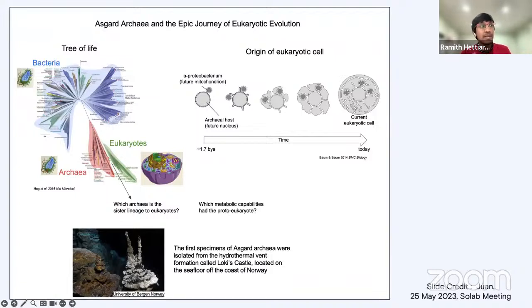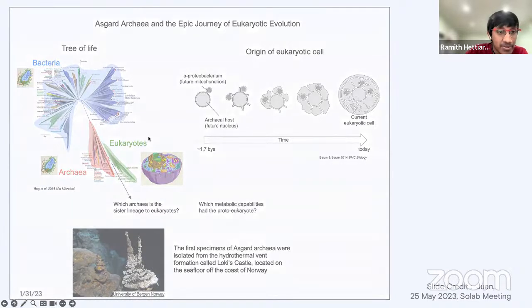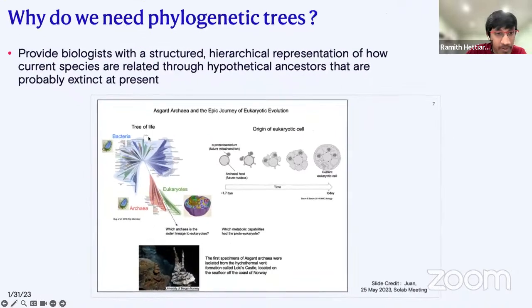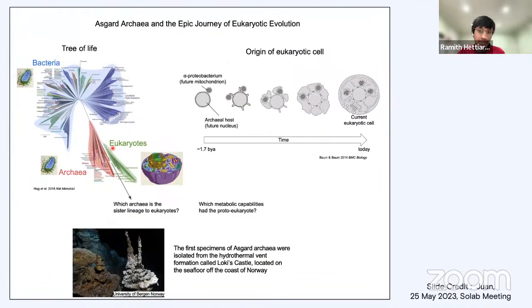Through this type of analysis, they have this hypothesis that eukaryotes may have evolved from an ancestral archaeon. So people are looking into how the current species out there may have evolved from different branches of species.